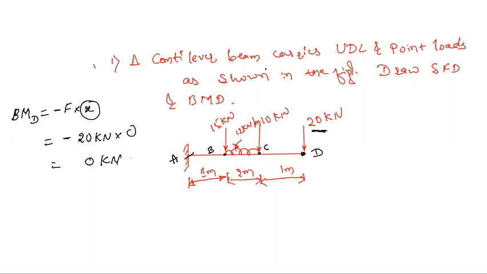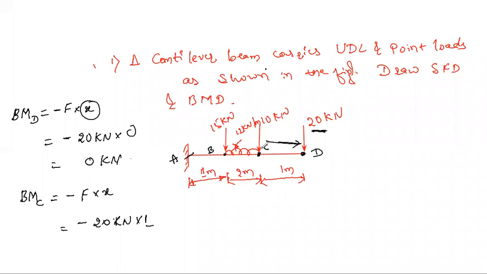Clear? Now if you calculate the bending moment at point C, again bending moment is nothing but negative F into x, force into distance. Now tell me, what are the forces acting to the right of this? We have 20 kilonewton, at a distance of 1 meter. So minus 20 into 1.